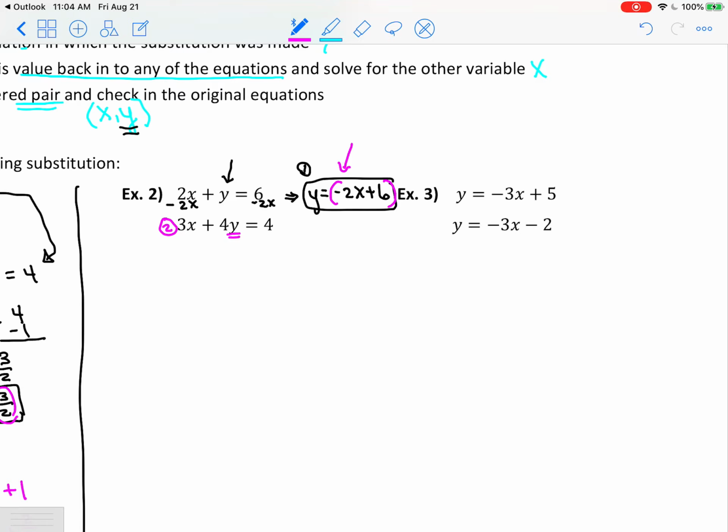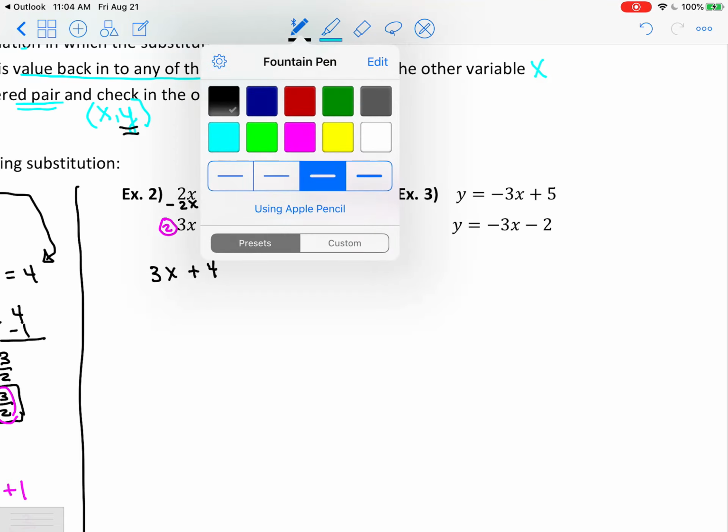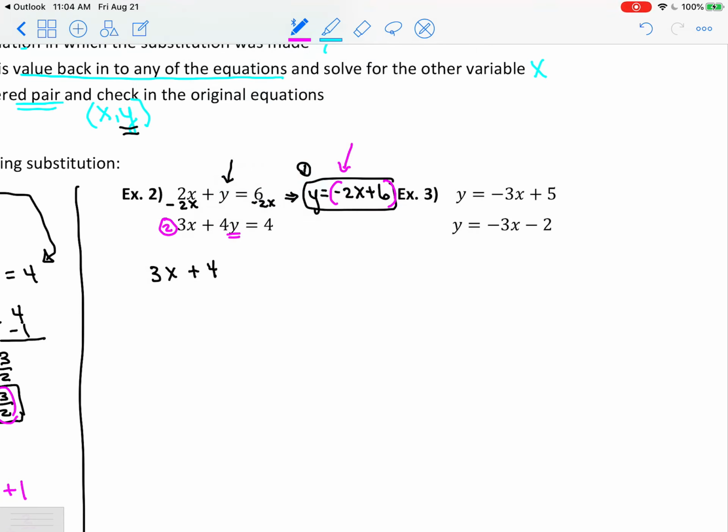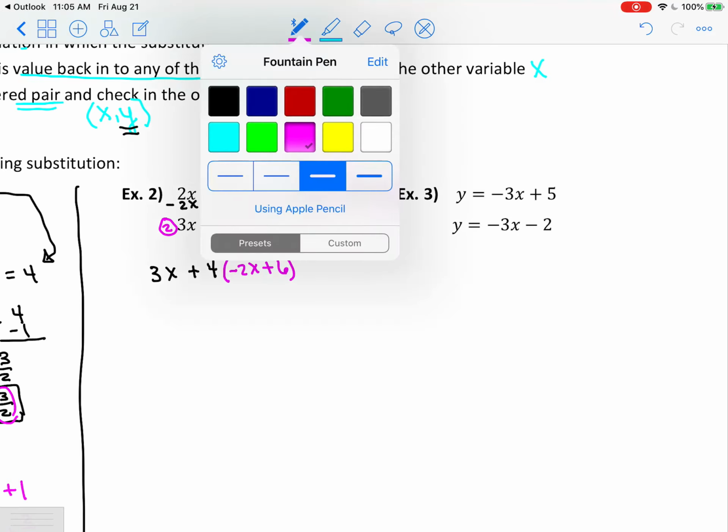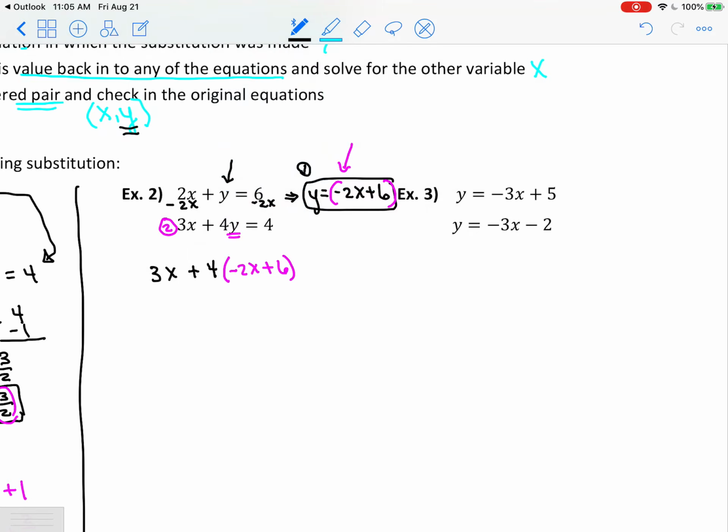All right, so let's do that. Let's take this guy down here. So 3x plus 4 times what we know y is equivalent to in terms of x. And finish this out, so that's equal 4.